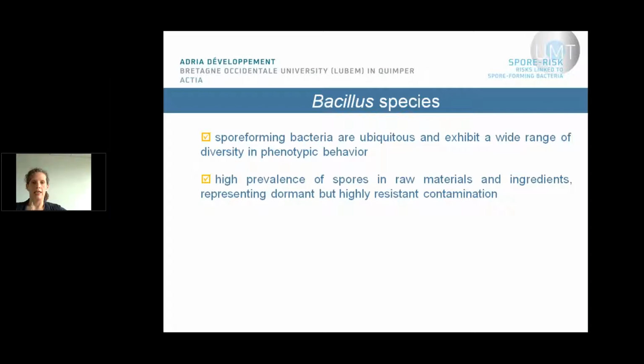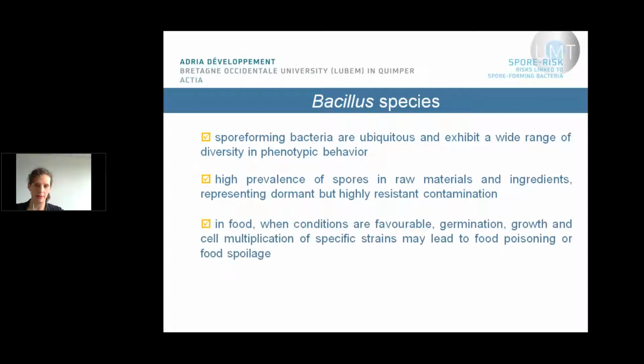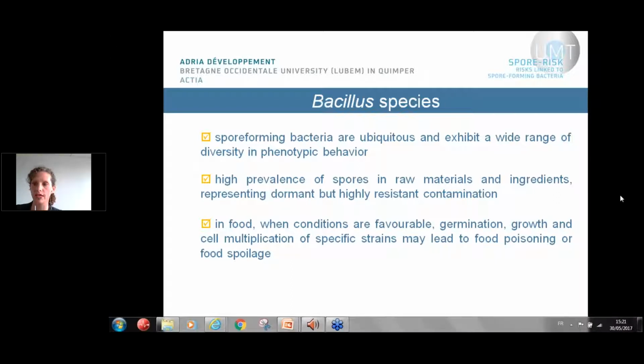Spores show high prevalence in raw materials and ingredients, and spores represent a dormant but highly resistant contamination of Bacillus species. In food, when conditions are favorable for growth, germination, outgrowth, and cell multiplication will occur. And for specific strains, that might lead to food spoilage and food poisoning issues.